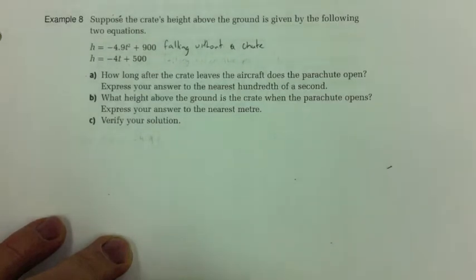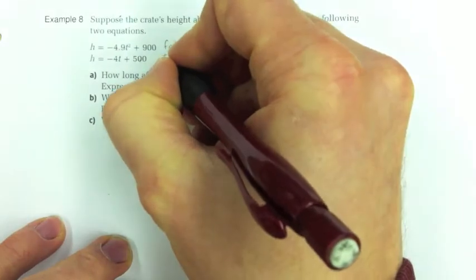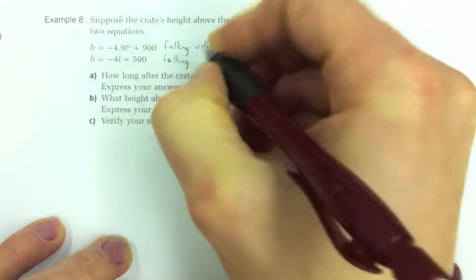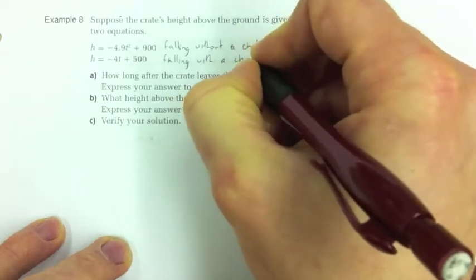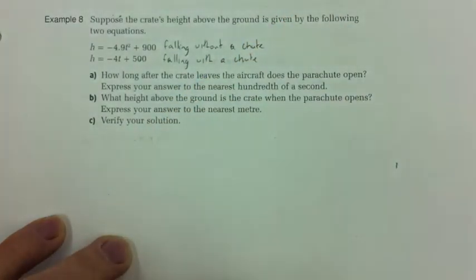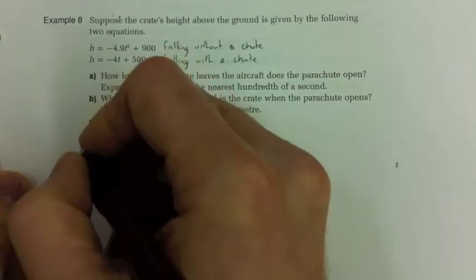And the height of the crate falling with a chute is given by negative 4t plus 500. A says, how long after the crate leaves the aircraft does the parachute open? Express your answer to the nearest hundredth of a second.